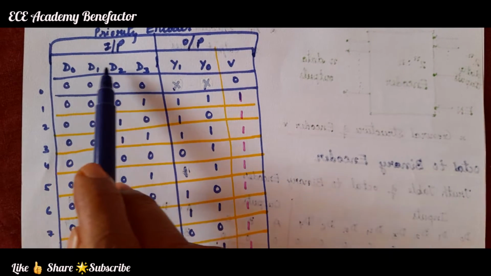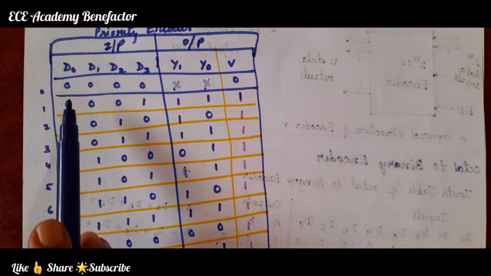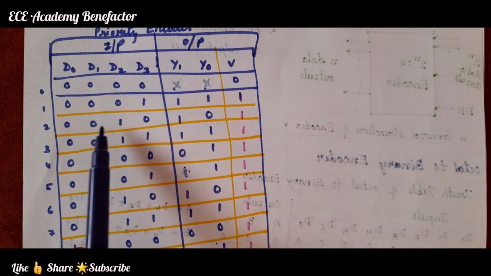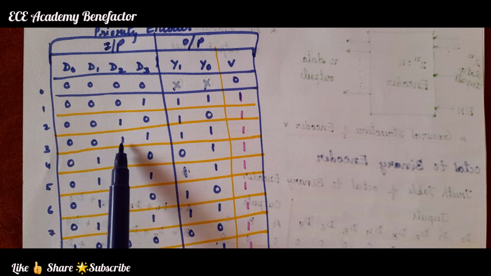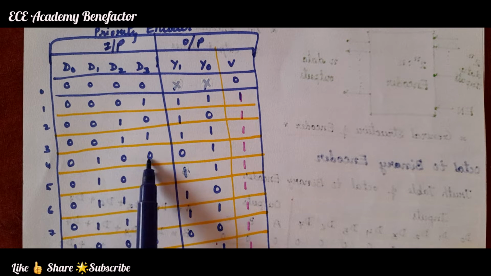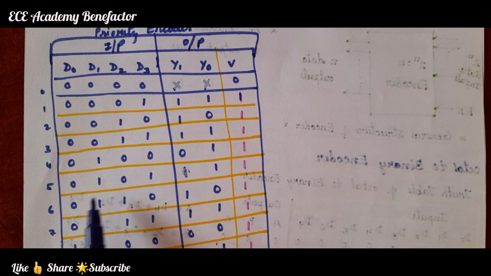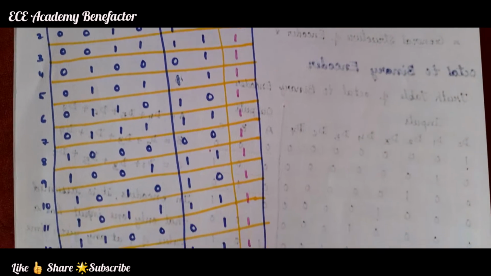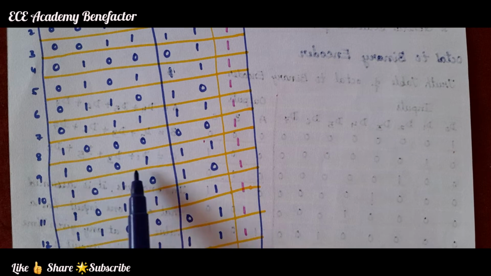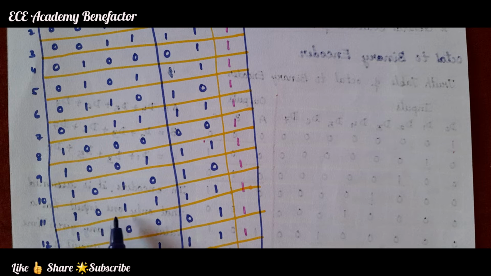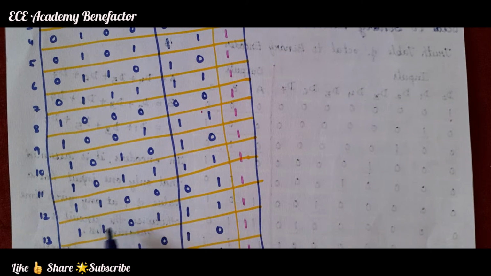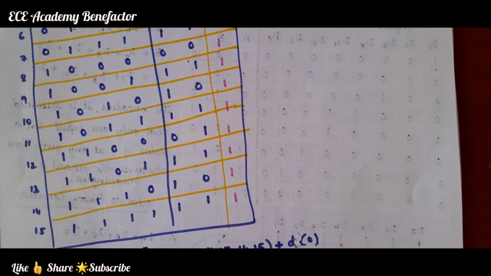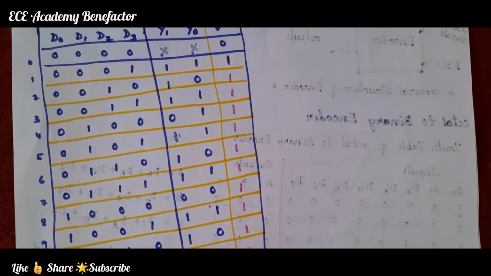For D0 to D3, the total 16 combinations I have written: 0000, 0001, 0010, 0011, 0100, 0101, 0110, 0111, 1000, 1001, 1010, 1011, 1100, 1101, 1110 and 1111. So this is how we write the truth table for 4-bit inputs.